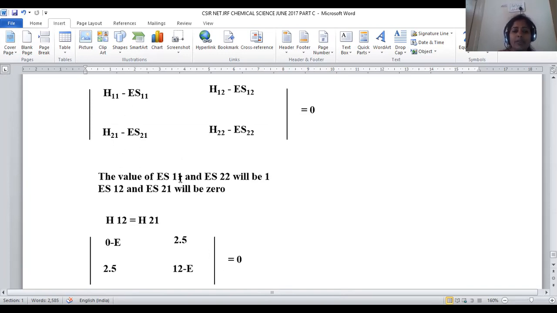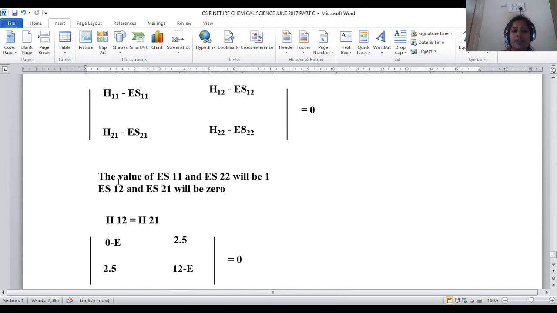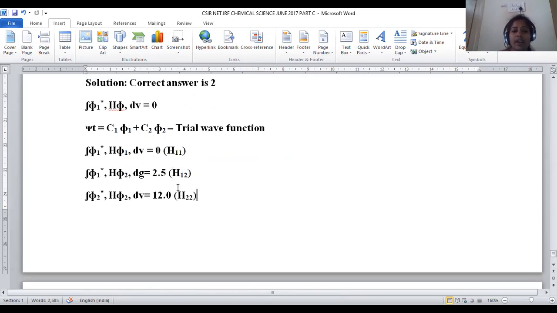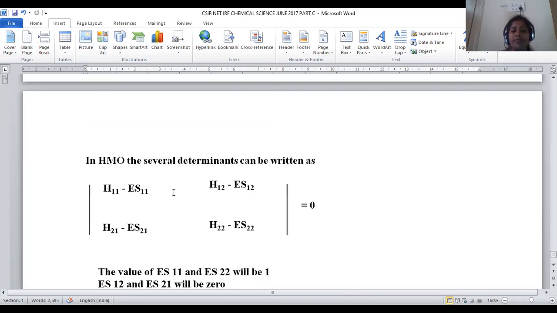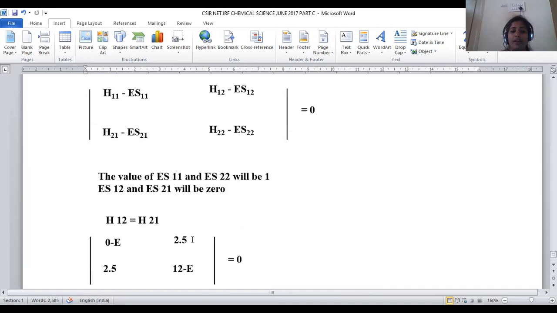ES11 is denoted with E itself. Then H12, what is the value of H12? H12 will be 2.5. Then ES12 is denoted with 0. So 2.5 minus 0 will become 2.5 only.